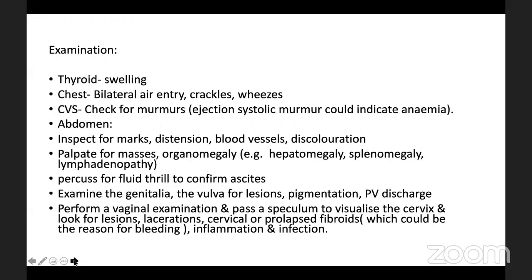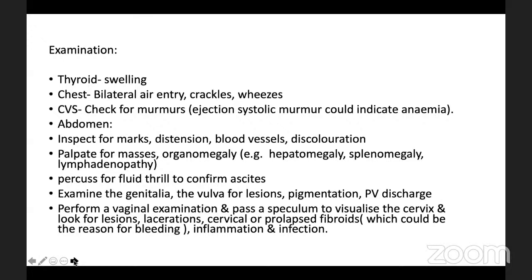I've written here swelling, meaning you can assess and find that a patient has a goiter. So obviously an MDT approach is needed, for the patient to be seen by the physicians and treated further. Then chest examination, as we know it, we look for bilateral entry, check if there are crackles or wheezes, or signs and symptoms of metastasis in patients that have malignancy.